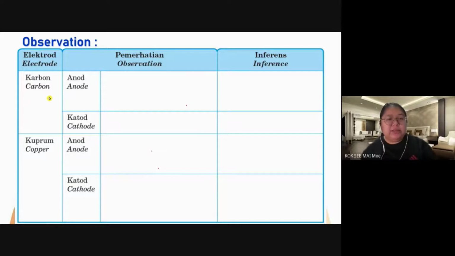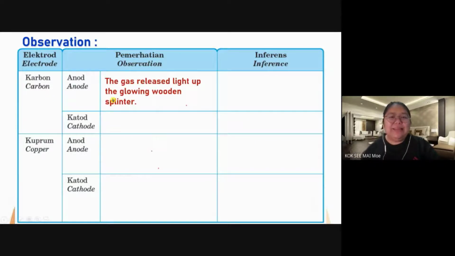What you can see at the anode is gas released, which relights the glowing wooden splinter. That means the hydroxide ion is discharged. When it is discharged, it relights the glowing splinter. Actually, what gas? Oxygen gas is produced.